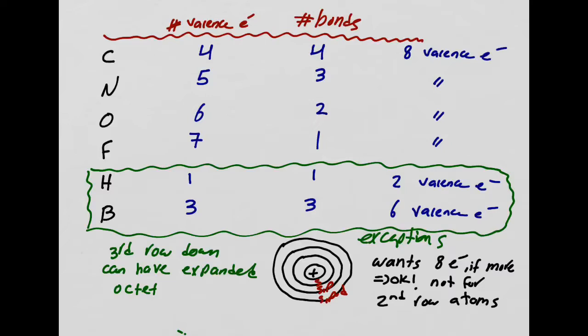So carbon, nitrogen, oxygen, fluorine, those can never have more than 8. But after the second row on the periodic table, they want to have 8. That's the goal. But if you end up having more than 8, that's okay. It's okay to be extra happy as long as you are not on the second row of the periodic table.